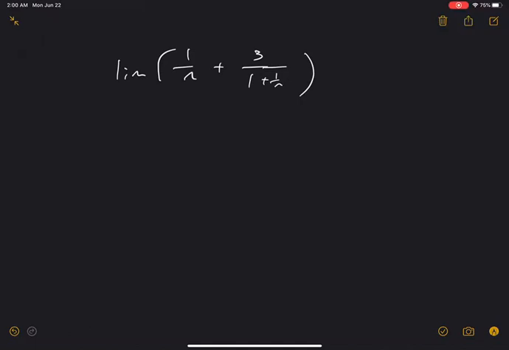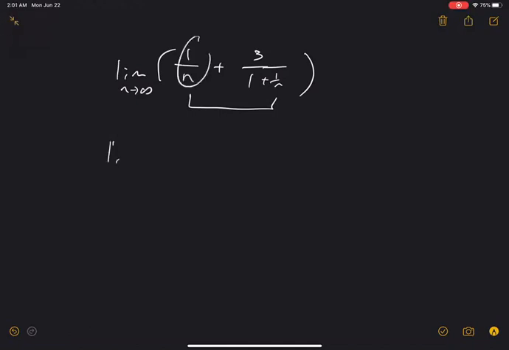What is this limit? Maybe this is kind of complicated to do together, but if I know these are convergent, I can split it up. So let's look at these terms individually.